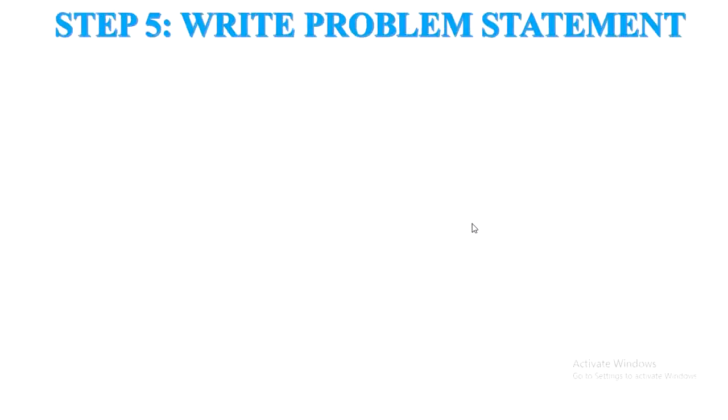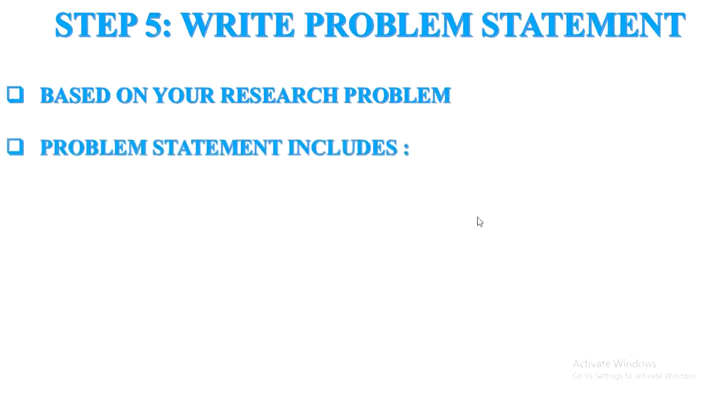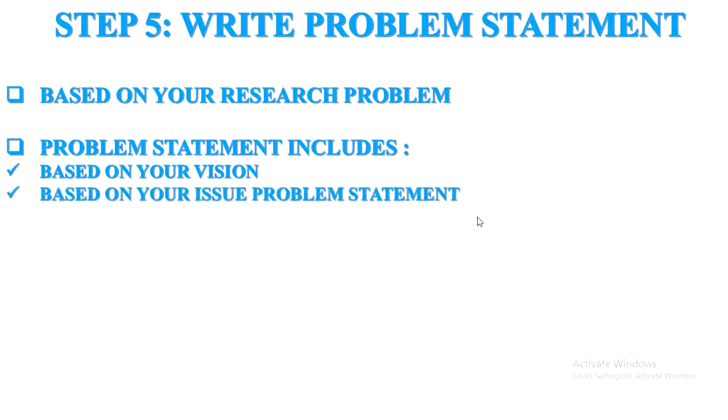Next is step number 5, write the problem statement, very important. It should be based on the research problem or research gap which you identified in your previous step. So what should your problem statement include? The problem statement includes the following things. Number 1, it should be based on your vision and your issue.